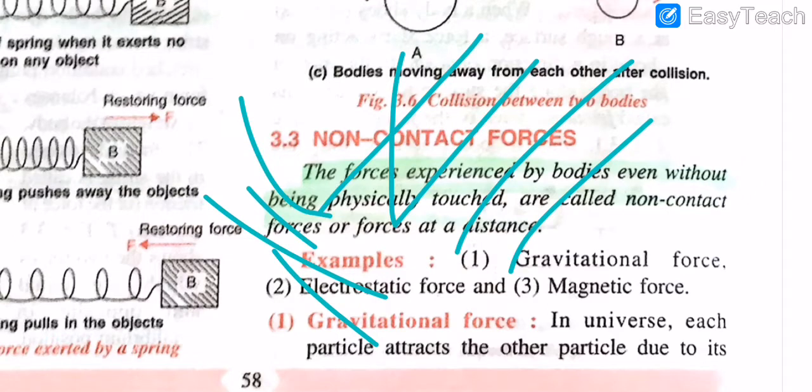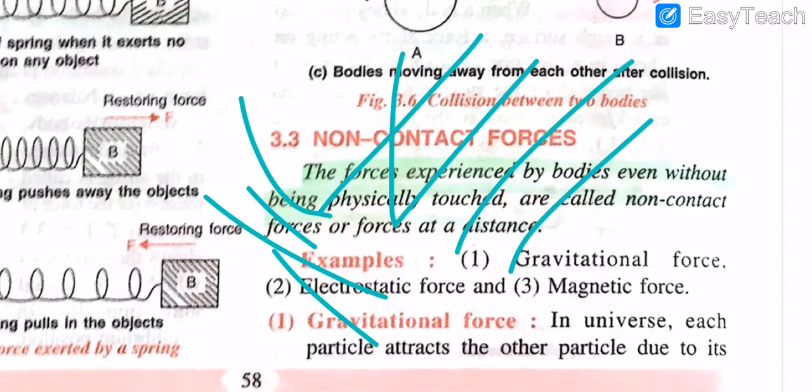So the magnitude decreases with the increase in separation and increases with the decrease in separation. And also, on doubling the separation, the force becomes 1/4, basically.